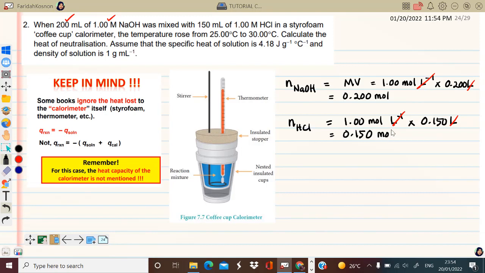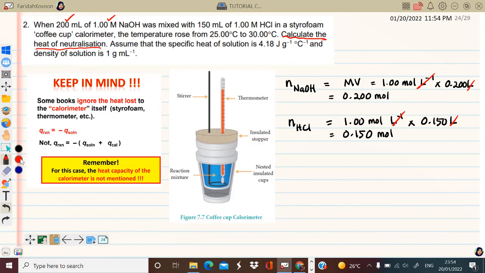Okay, kalau kita ingat balik, because we are going to calculate the heat of neutralization ataupun enthalpy of neutralization. So heat of neutralization is defined as heat release when 1 mole of water is formed when an acid reacts with base. Jadi sebenarnya sekarang kita nak tentukan, kita nak tahu berapa mole of water form bila kita campurkan dua bahan ni tadi.